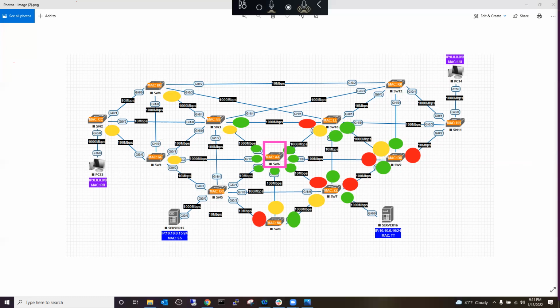Yellow is root. Which one is designated? Green. Designated is green. I'm thinking that's designated. Let me see.